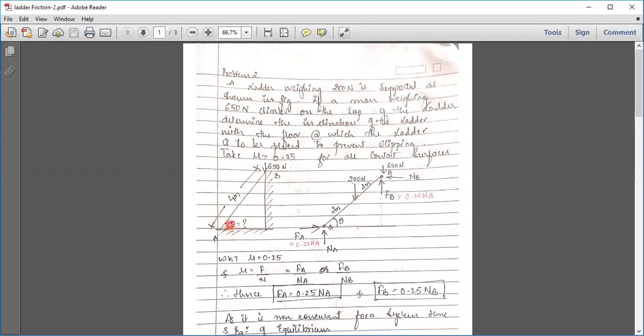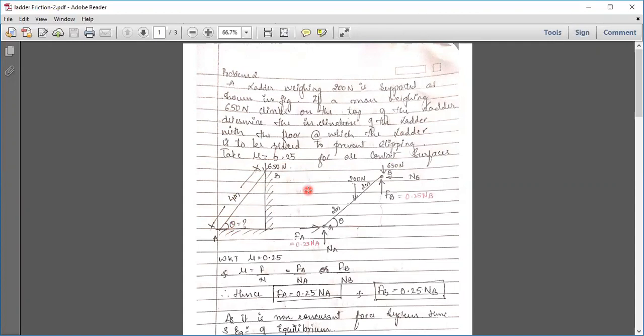So what is this angle theta? So that with a man of 650 Newtons weight and its own weight of 200, the ladder should not slip. Take coefficient of friction mu 0.25 for all the contact surfaces.